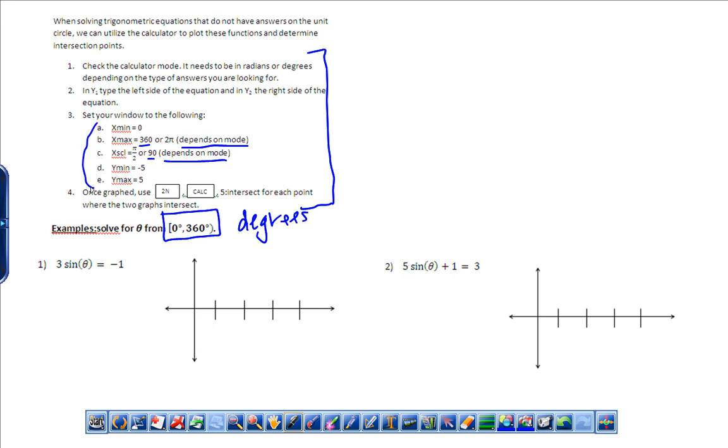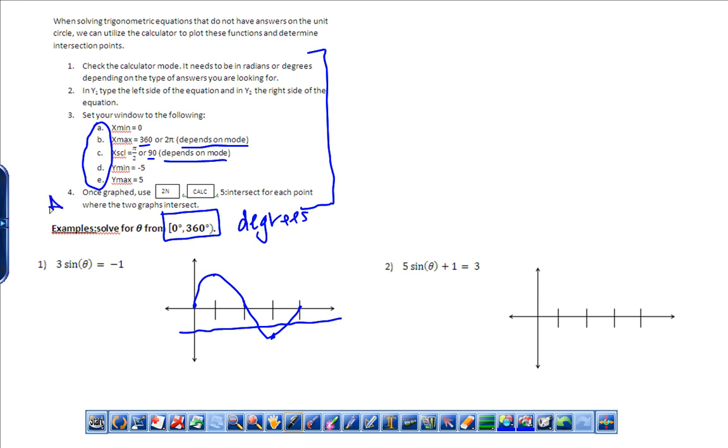These are what you need to change. If you don't change those and set them up, your graph is going to look crazy. You need to take a minute and graph and make sure you can do this. It's super important. Follow your steps, graph this, and then see where your line crosses your graph.